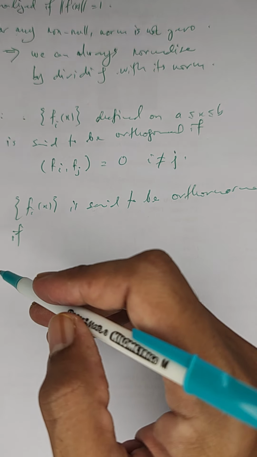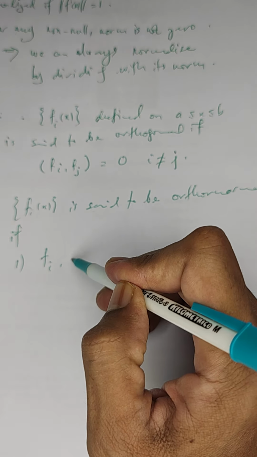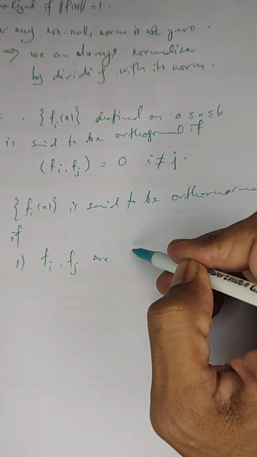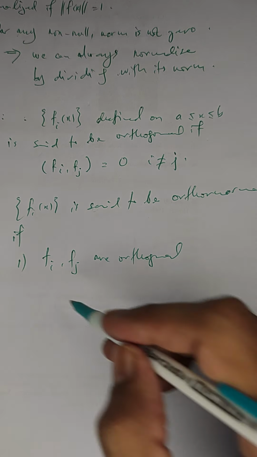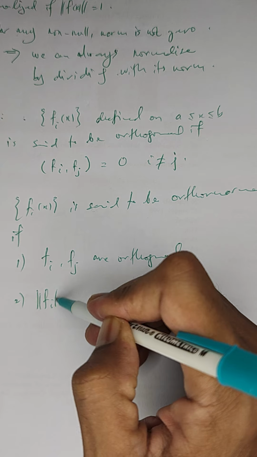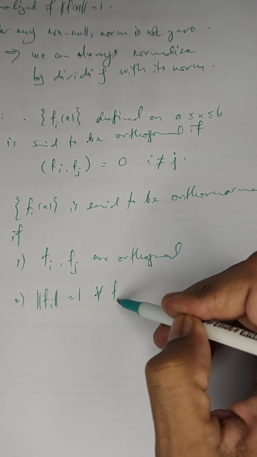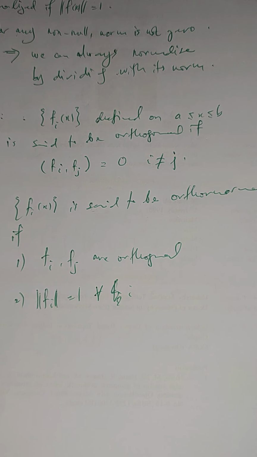Number one, f_i and f_j are orthogonal, and number two, the norm of f_i is equal to 1 for all i.